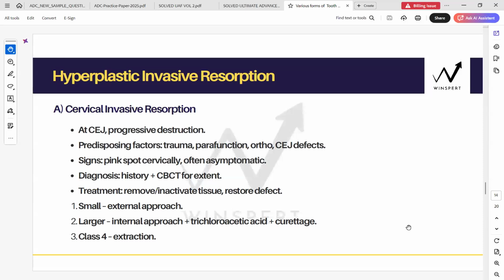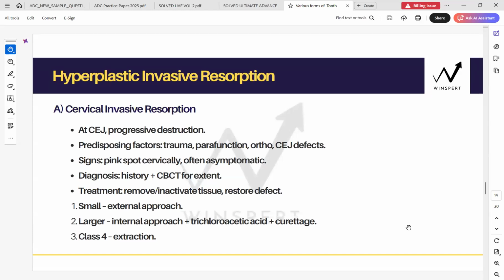Now the third kind, which is your hyperplastic invasive category. So hyperplastic invasive also has two types. Your first one had three types, right? Trauma induced has three types: surface, pressure, and replacement.